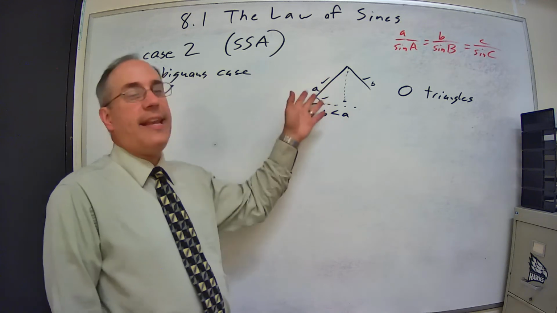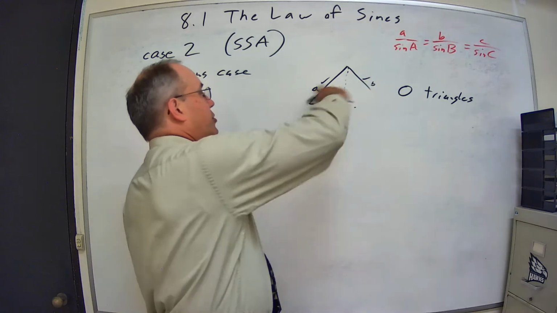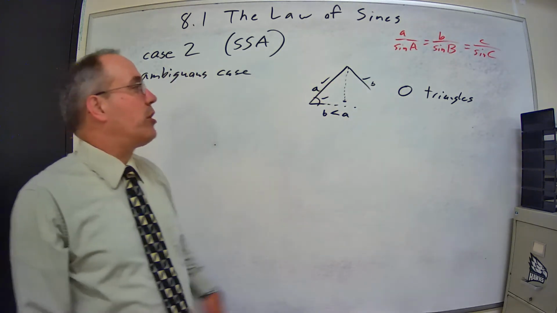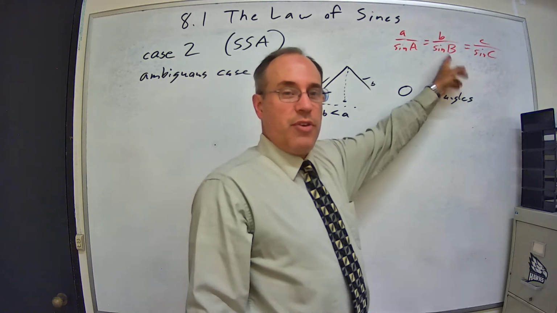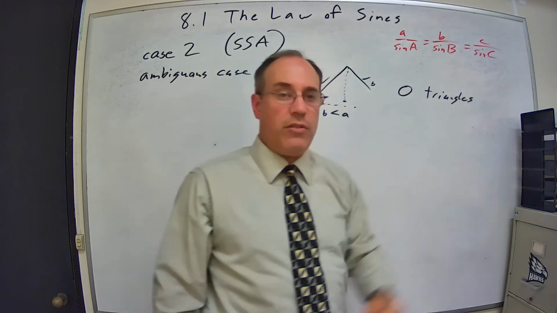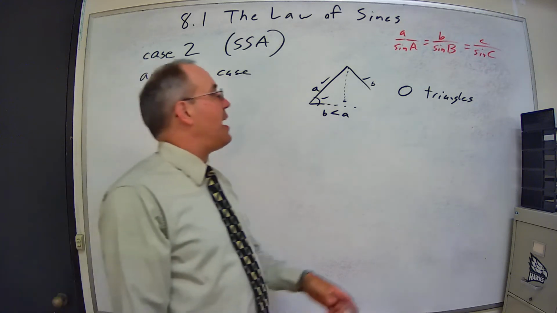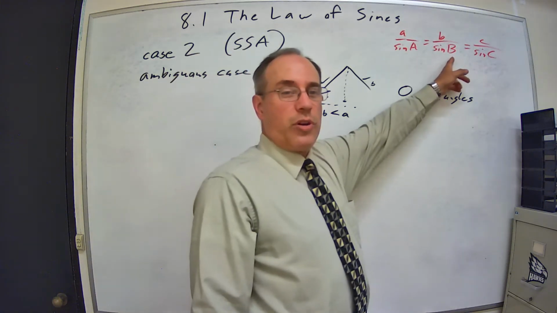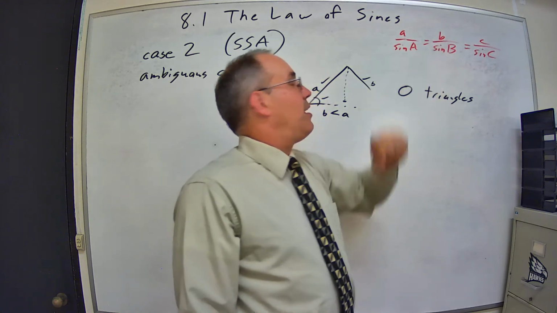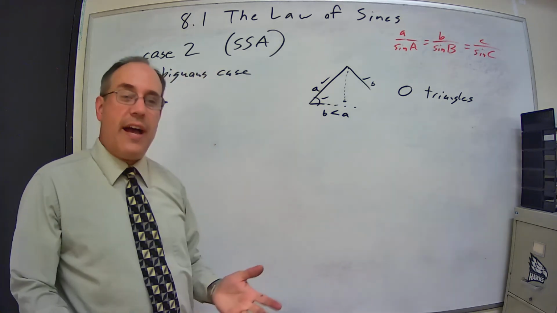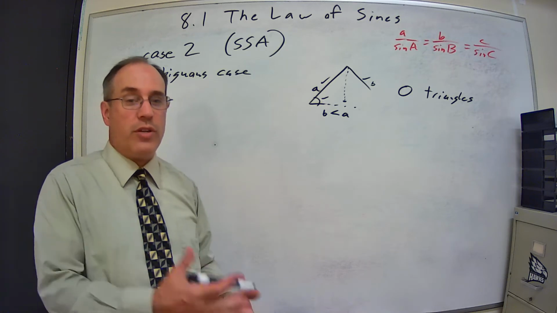What's going to be our dead giveaway as we do this is, since we have two sides and an angle, we're going to have to use law of sines to calculate one of the other angles before we can do the supplementary angles to get the third angle. And when we do that, we're going to run into an error, because to find that missing angle, we're going to have to take the inverse sine or arc sine of some value. And if we find out that that value is too big, because remember, sine goes from -1 to +1.